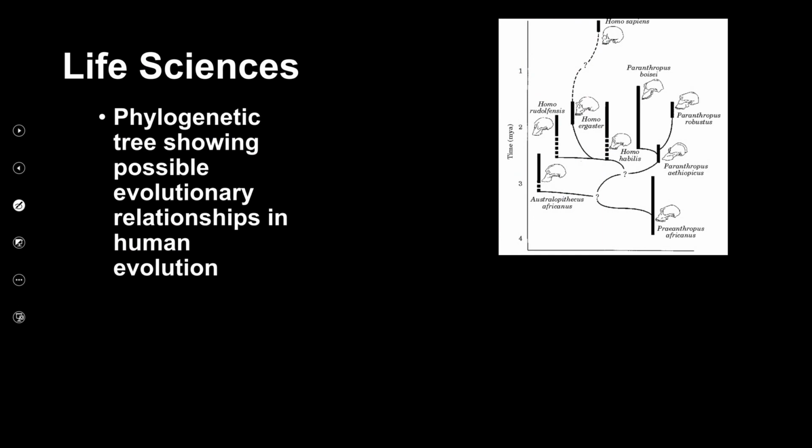All right, and then we've got here a phylogenetic tree showing the possible evolutionary relationship, and here we can see Paranthropus africanus, it gives rise to Australopithecus, and so the Homo groups emerge, and we end up here at the top with Homo sapiens.